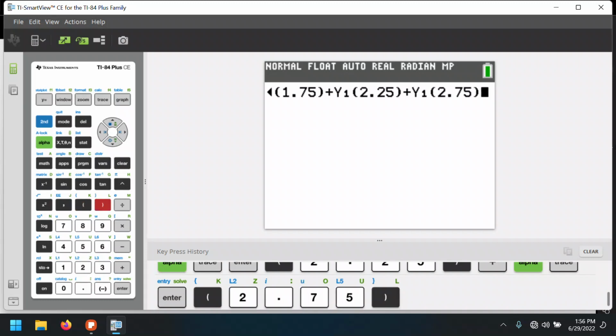Close parentheses for the evaluation, close parentheses for the entire expression, and click enter.